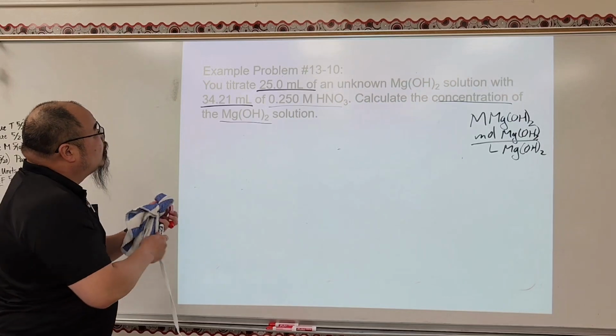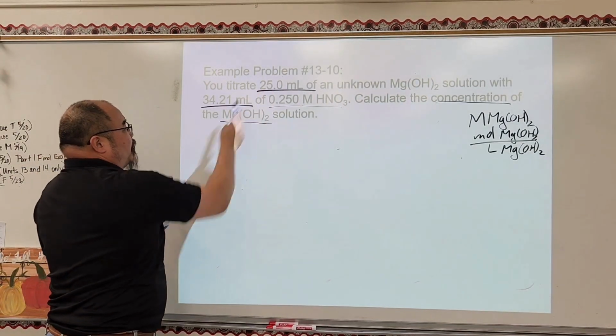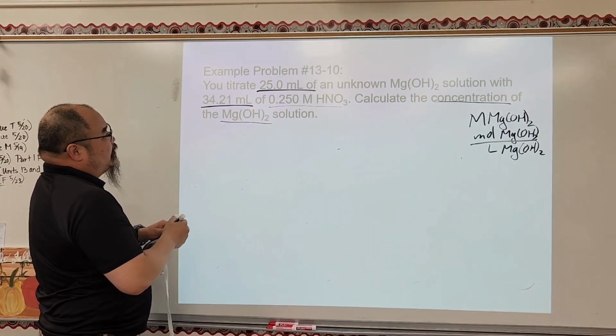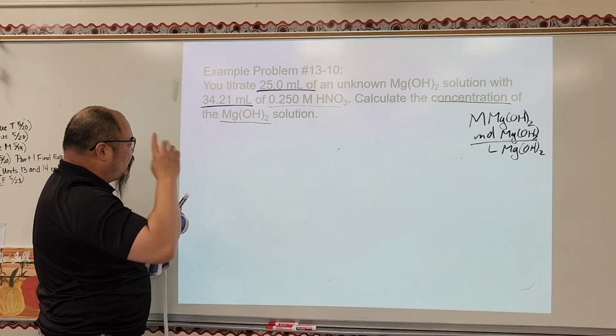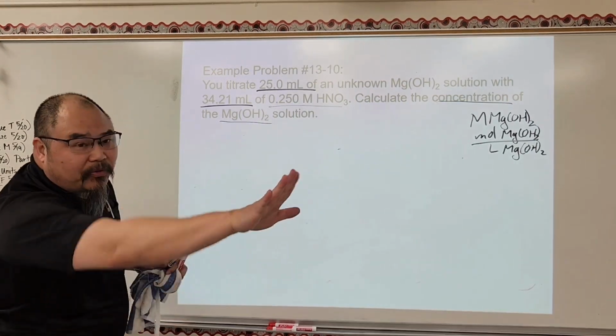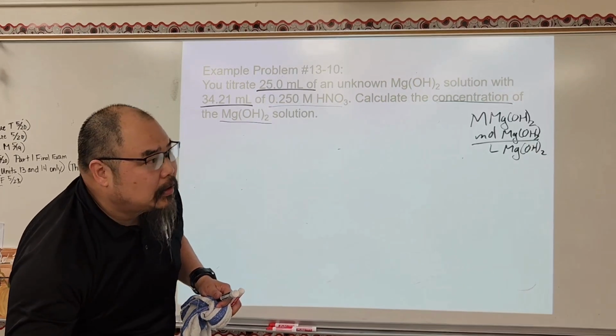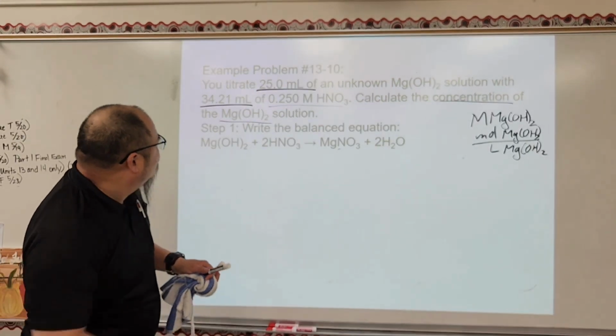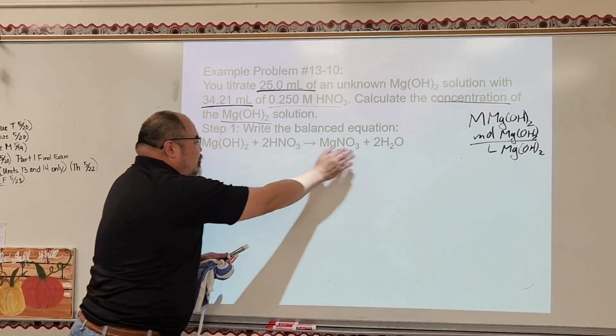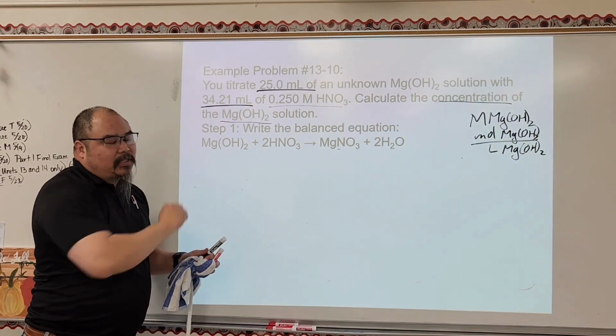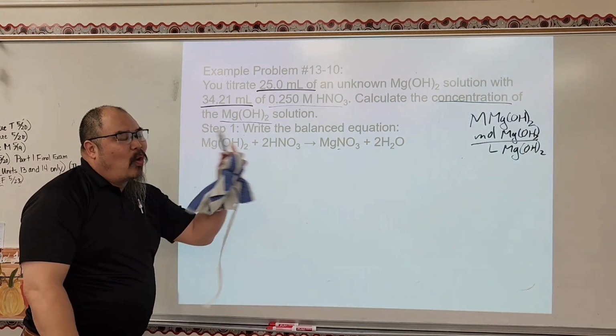Let's work on the volume of the magnesium hydroxide and convert it into liters. Before I do that, we need a balanced equation. Take a look at the balanced equation compared to the last equation that we had. What is different?